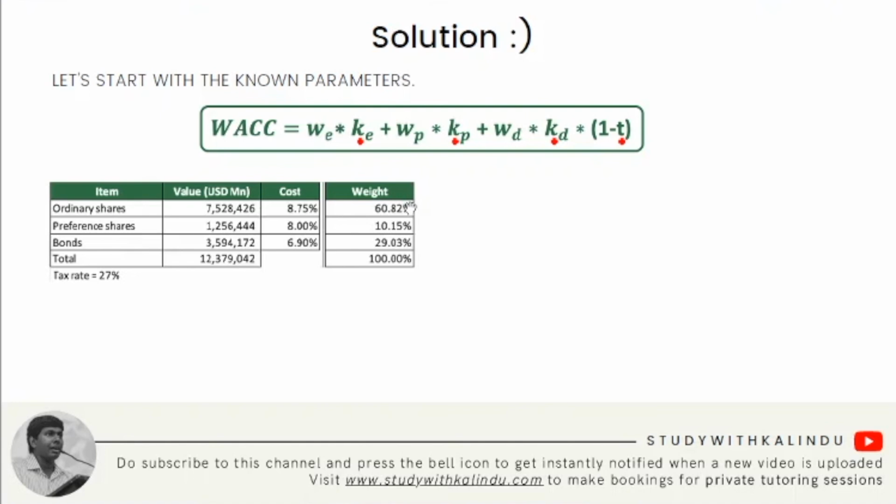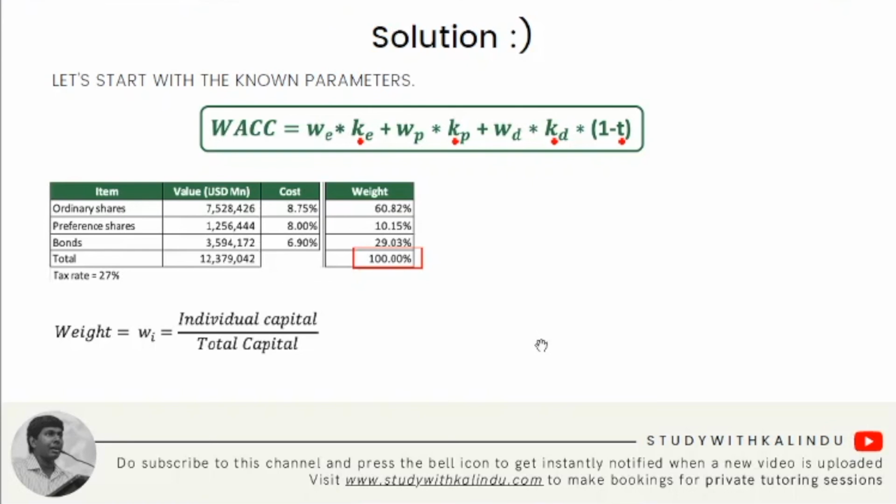When you add 60.8 to 10.15 and 29.03, you get a total weight of 100%, which was what we stated previously. Weight is nothing but the individual capital divided by total capital. That's how you derived the individual weights.